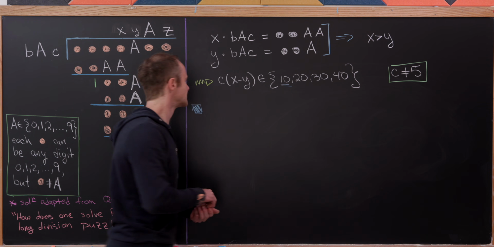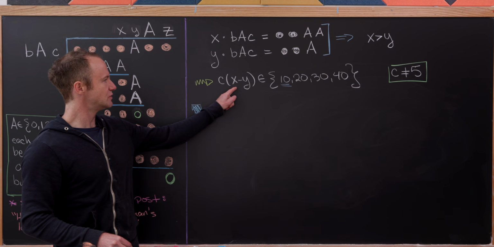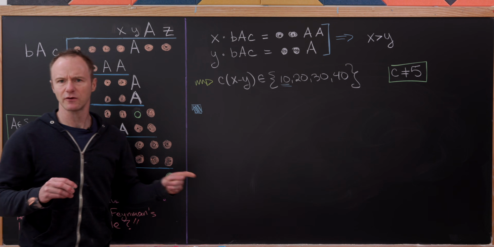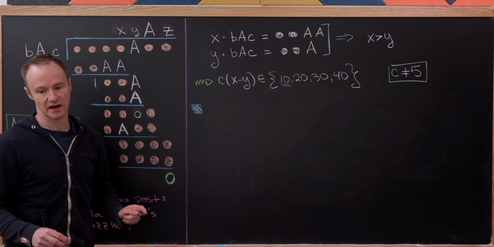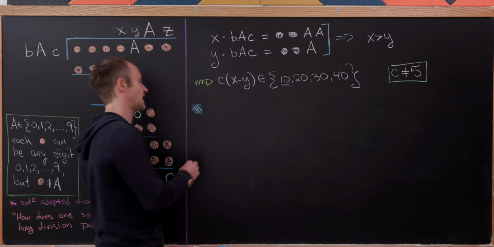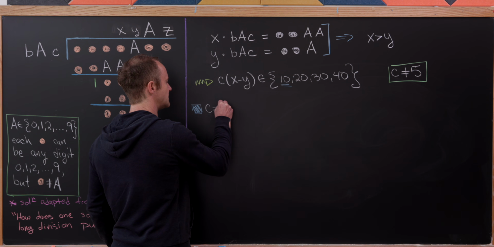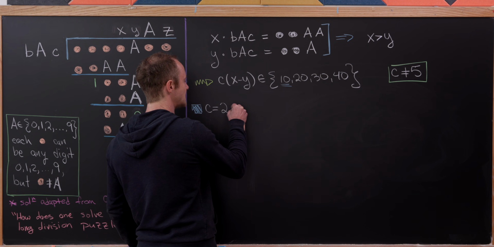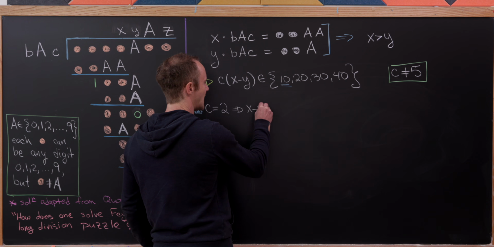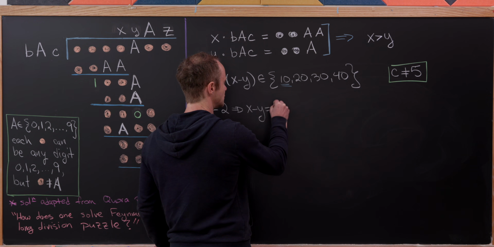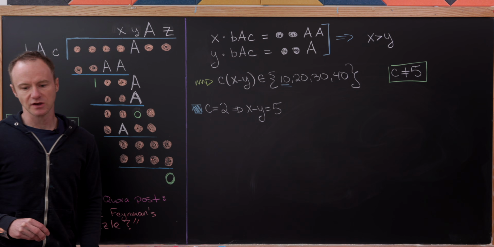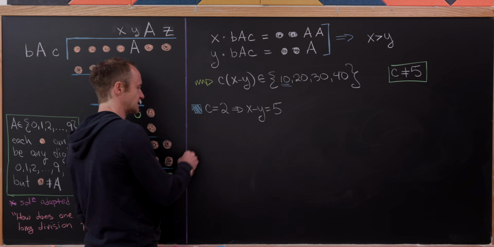Okay, great. So now if you're multiplying two numbers and getting 10, well the only way to do that is 2 times 5, but c cannot be equal to 5, so that means that c must be equal to 2, which means that x minus y must be equal to 5. So that gives us several possibilities.